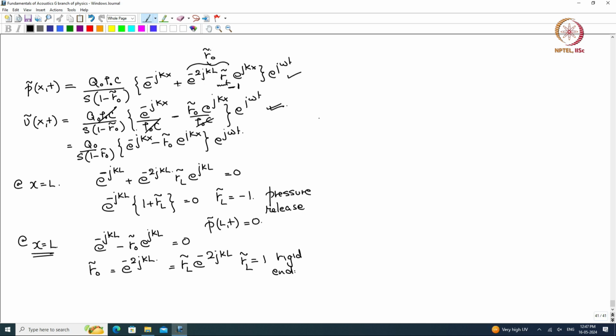So when pressure is 0, P tilde is 0, then del P by del x acquires a maximum.